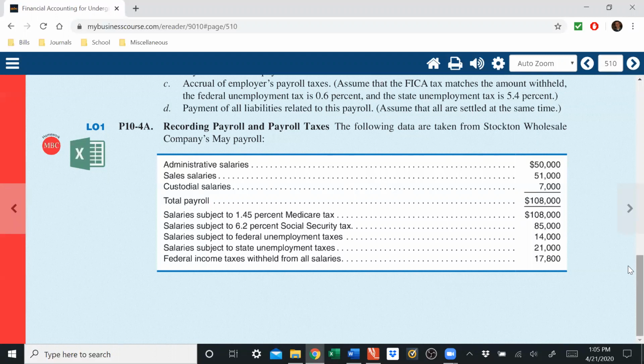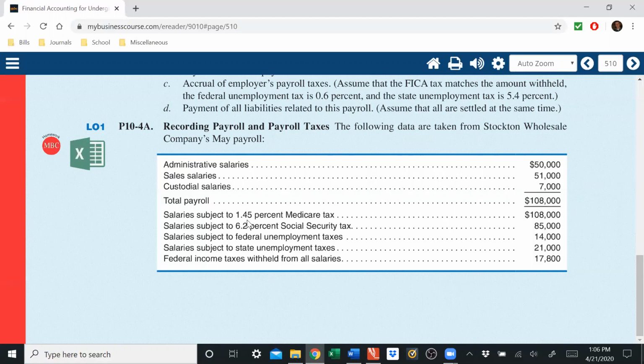So what happens is, for every dollar in salary that an employee earns from an employer, the employer has to pay a Medicare tax, a Social Security tax, and these are the rates on that dollar, to the federal government.